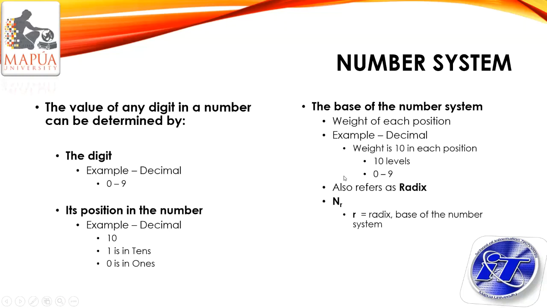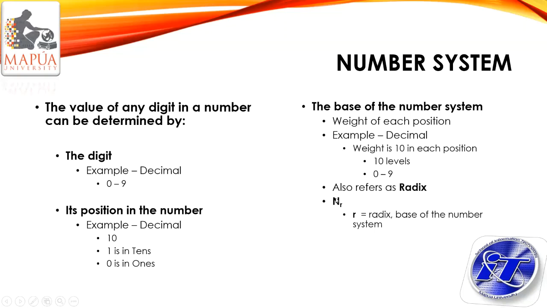It is based on these three parameters, the first being the digit itself. Because in every number system, we have different digits that we use to represent a specific value. So for example, in decimal, we have 0 to 9. So the highest value is 9, the lowest value is 0.